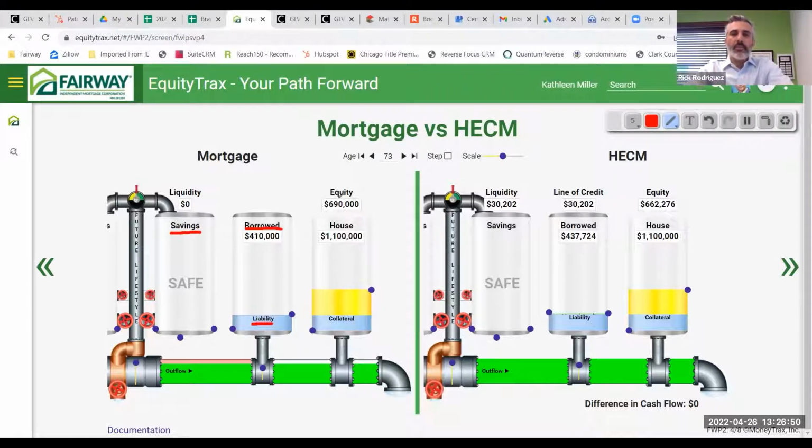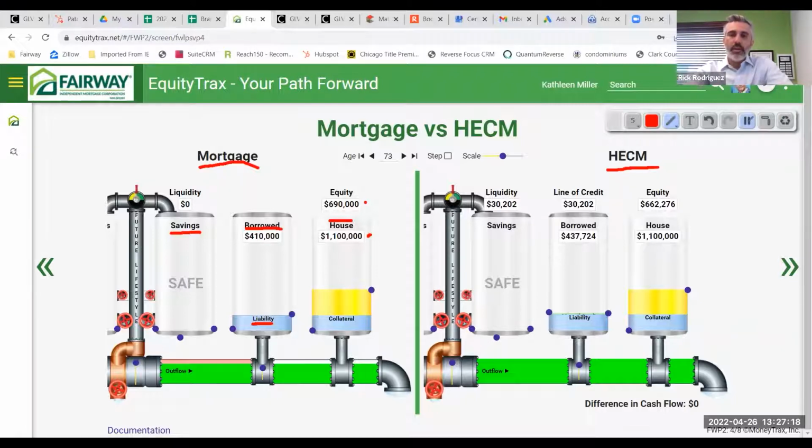And then the house tank here represents the value of the home as well as the equity in the home. On the left side, we have the traditional mortgage. On the right side, we have the reverse mortgage, which is the FHA reverse mortgage. And the technical term of an FHA reverse mortgage is a HECM, which stands for Home Equity Conversion Mortgage.